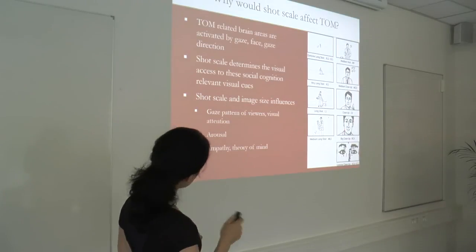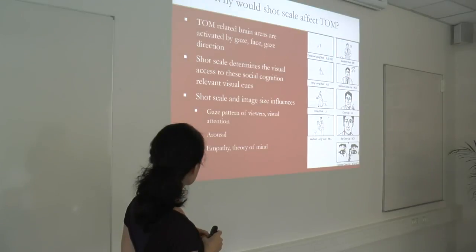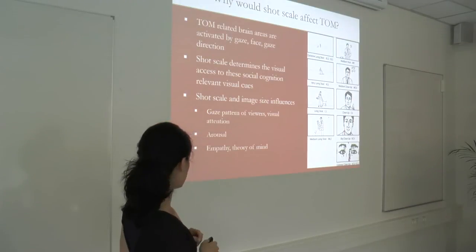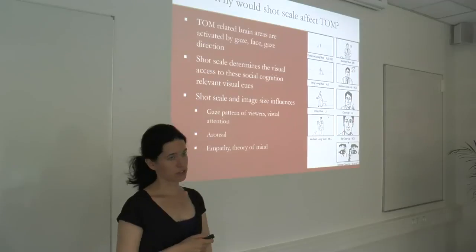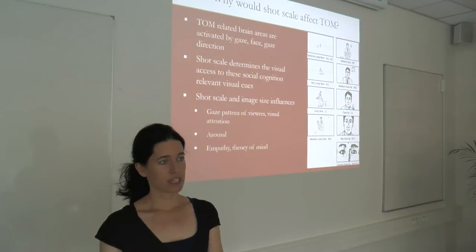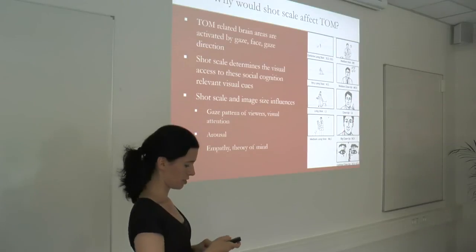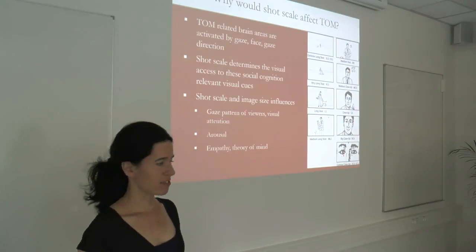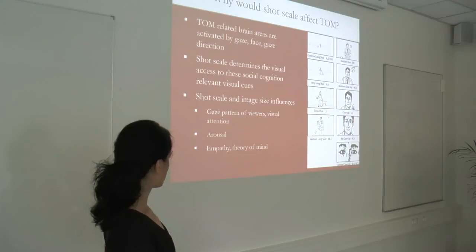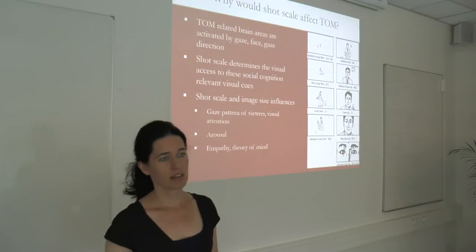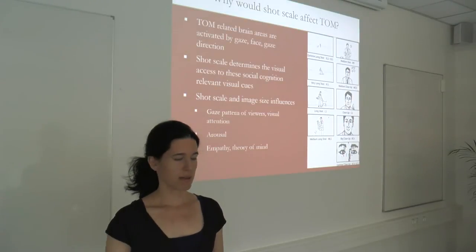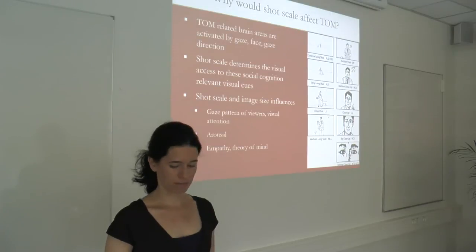Previous studies have some evidence for this, also that shot scale increases arousal, that relates more to the embodied simulation part of social cognition. And a few isolated studies showed that shot scale can enhance empathy and theory of mind.